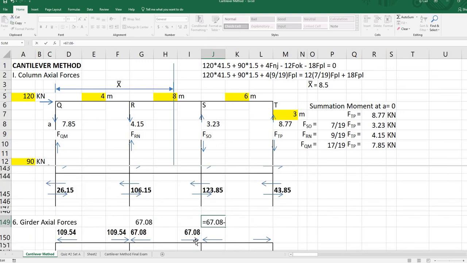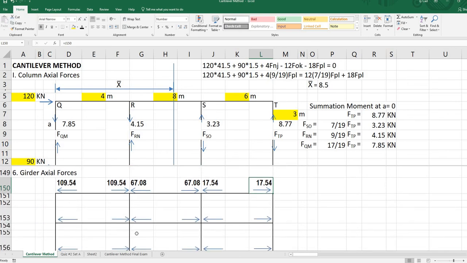Okay, so 49.54, and I will unhide. Yeah. Okay, so parehas lang, parehas na sila. So tama na yung aking ginagawa, and ayan, 17.54.